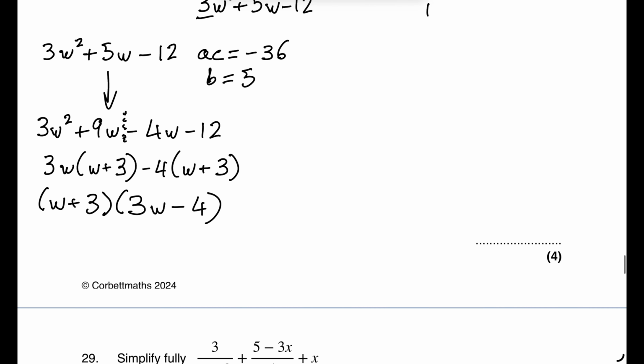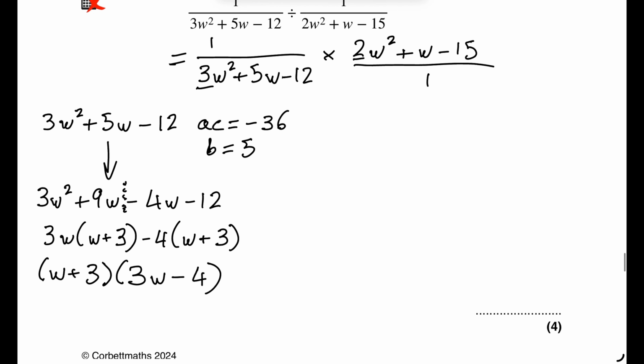I know I'm a bit short on space here, but let's do the second one. So I'll try and make this a bit smaller. 2w squared plus w minus 15. So we need two numbers that multiply to give us negative 30 and add to give us 1. That would be 6 and negative 5.